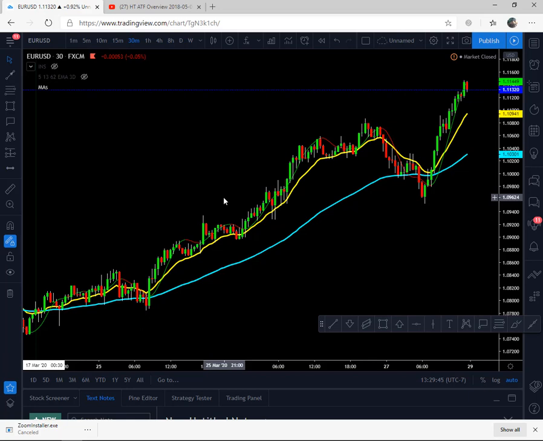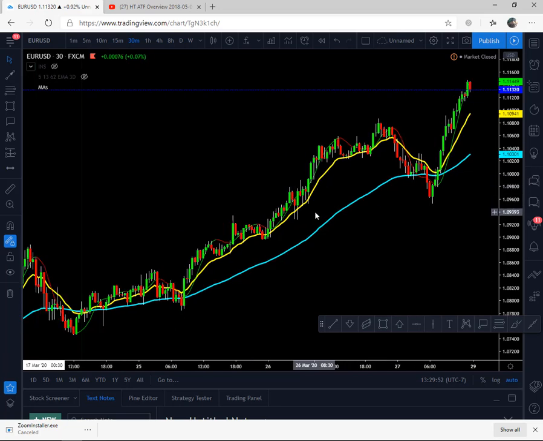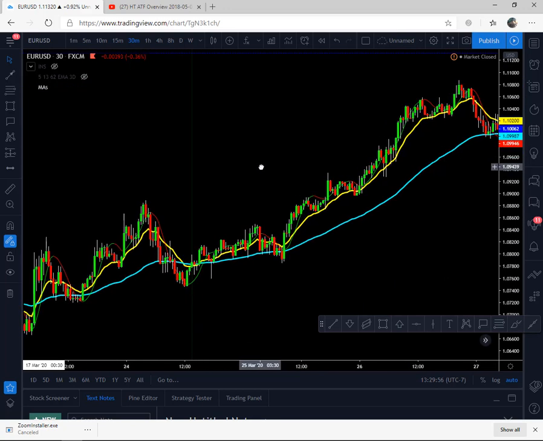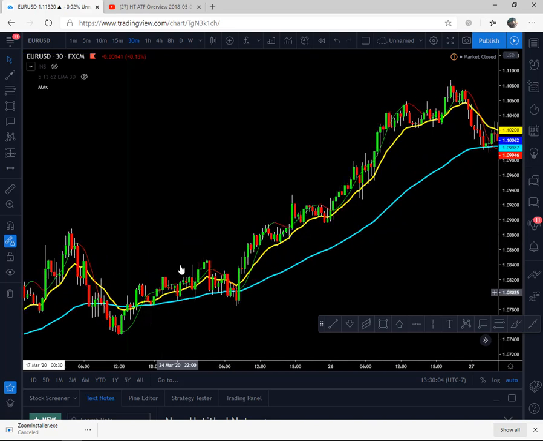So we are zooming in on those lower time frames. I'm gonna see if I could explain this by actually going into the lower time frames.